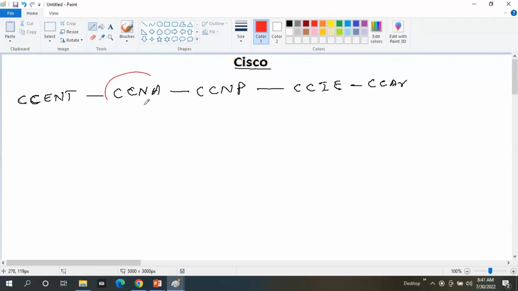So now we are starting from CCENT, right? CCNA. We are not skipping CCENT. If we do CCNA, CCENT will also be covered. If you are new to CCNA or you already have experience in networking, you can start with CCNA. Even if you are non-IT, non-technical, no issues, because we designed the CCNA training from basic level to advanced level, week wise.